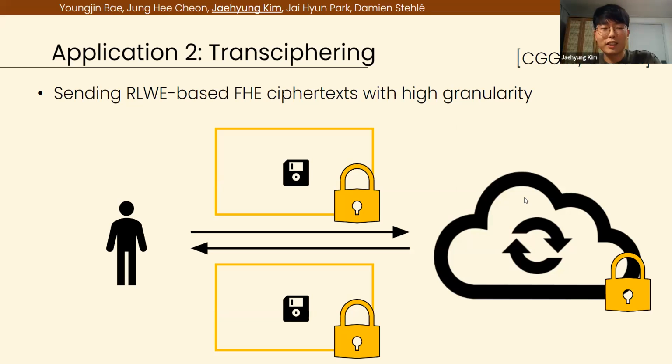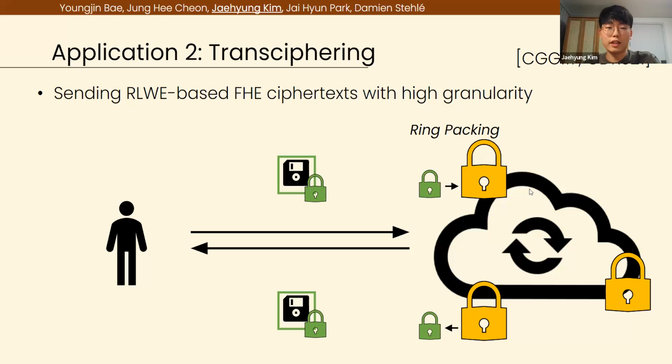But the problem here is that each ciphertext sent from client to server or vice versa contains thousands of messages inside, because a ring LWE ciphertext contains thousands of messages, and it is too large, and it has bad granularity. So the alternative solution is to use LWE ciphertext.